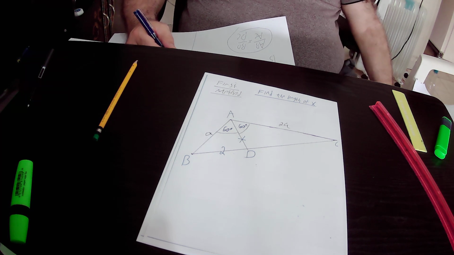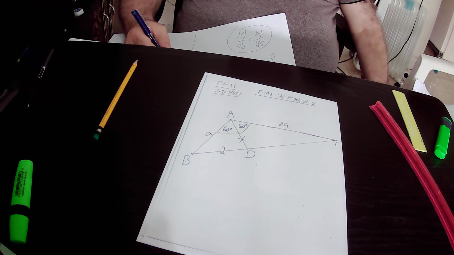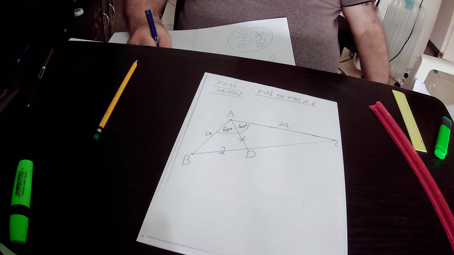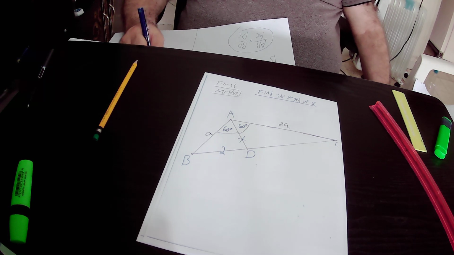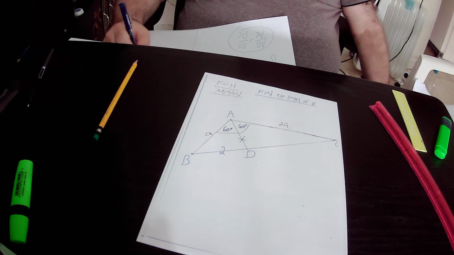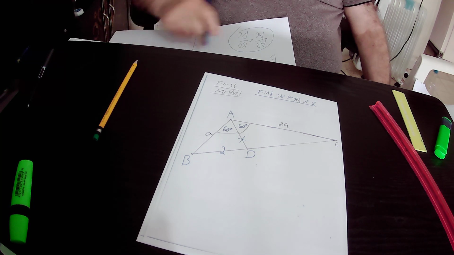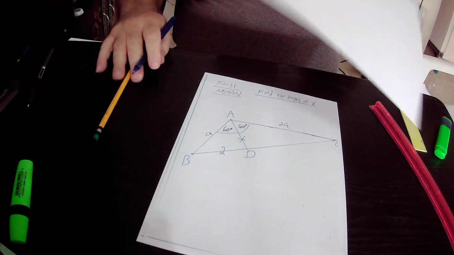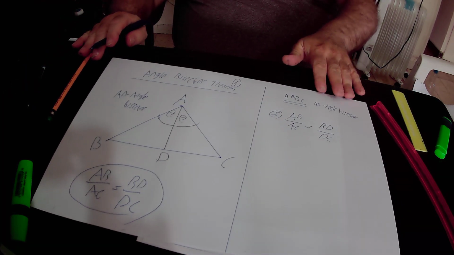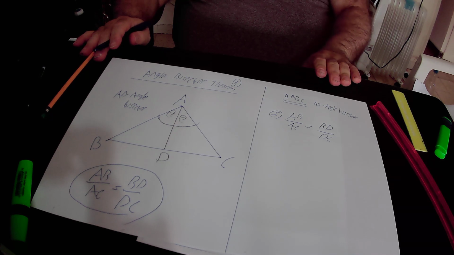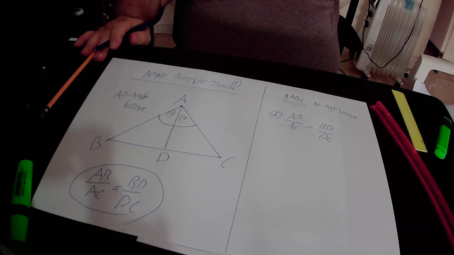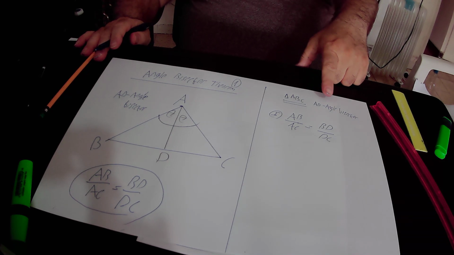According to the angle bisector theorem, we get that AB over AC equals BD over DC. I repeat again, in our triangle ABC, because AD is the angle bisector, we can implement the angle bisector theorem, and we get that AB over AC equals BD over DC.